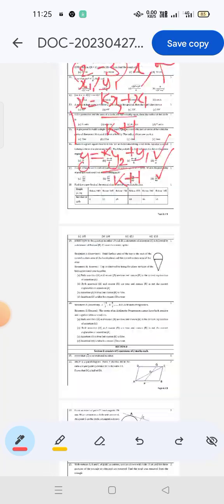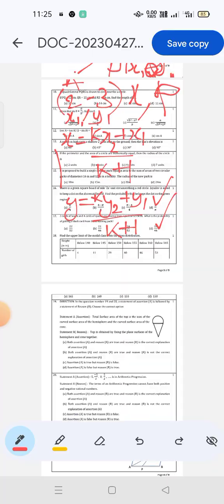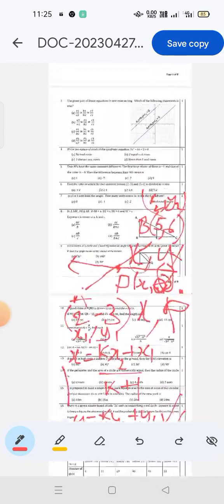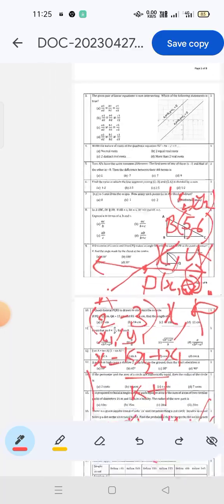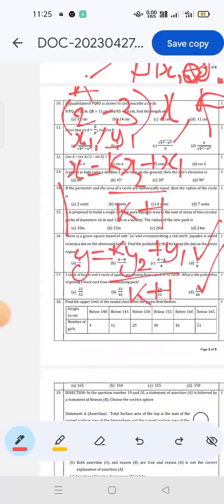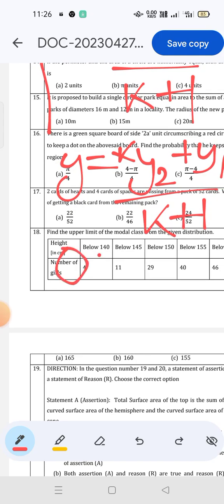Now we shall substitute the values of y2, y1 and all in this formula. y equals (k y2 plus y1). As you know, y is 0, k is what we need to find out.